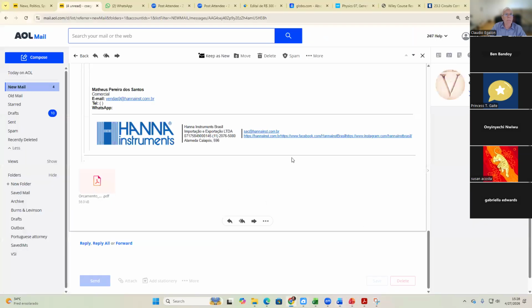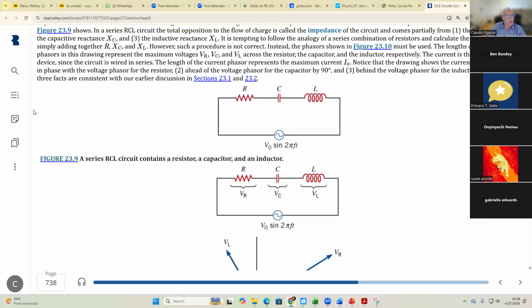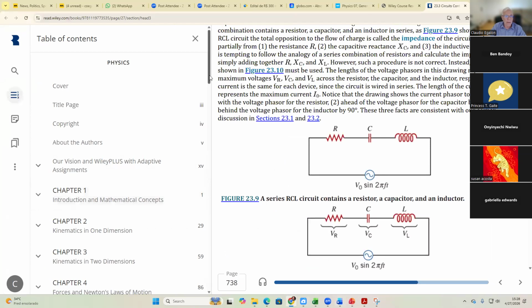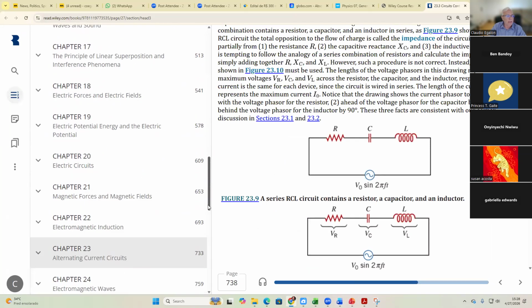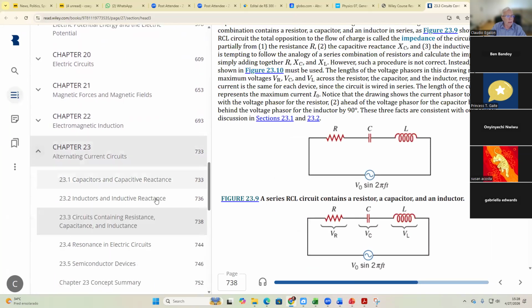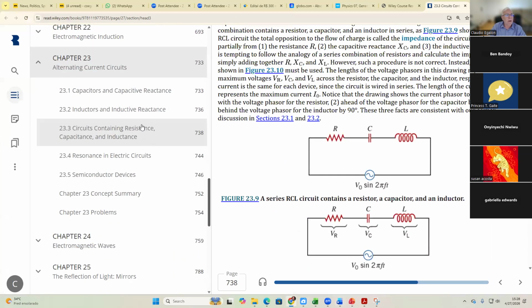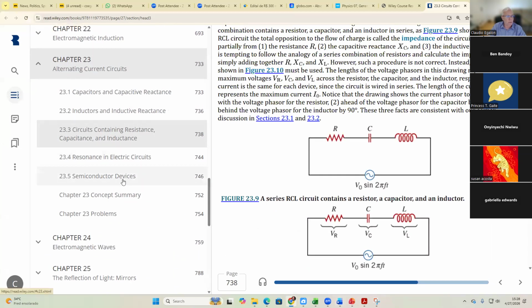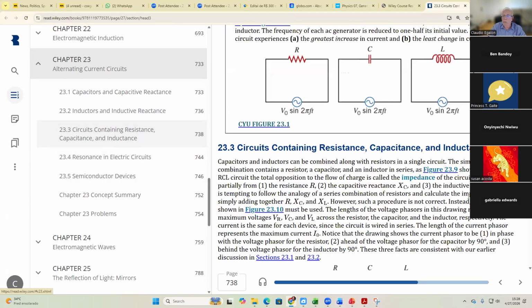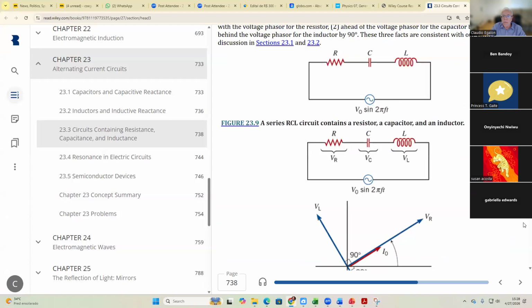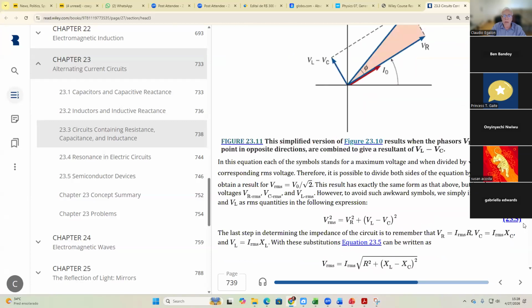Let's take a look if we are missing anything else. That's chapter 23, right in here. Capacitor inductors. Those two chapters, the last two chapters, we are going to skip, okay? Resonance in electric circuit. I want to see this one here, if we missed anything.